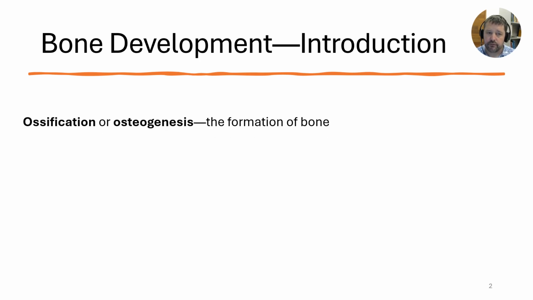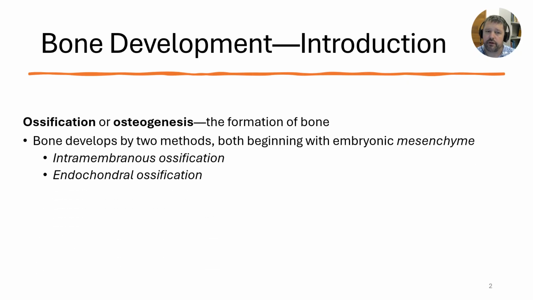Ossification, osteogenesis, the formation of bone. There are two main ways in which this can occur, and I already talked about this briefly, but we're going to go into much greater detail on how this is done.